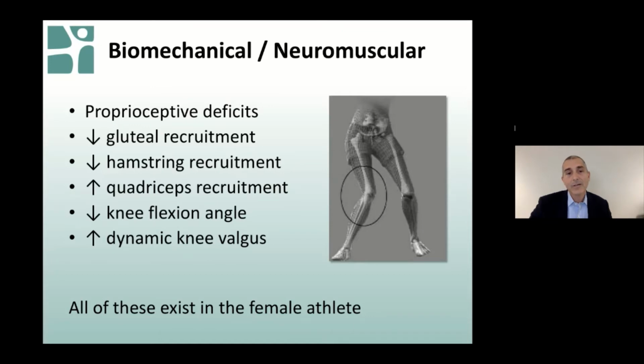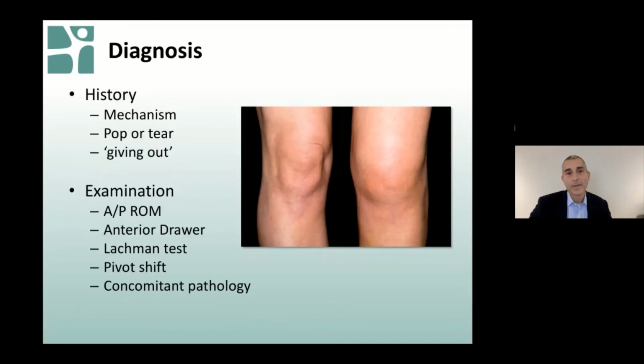And again, that increased dynamic knee valgus is incredibly important. And all of these things have been shown to occur more often among young female athletes. And perhaps this can be a target of pre-injury preventative strategies. And we'll talk more about that in a moment.